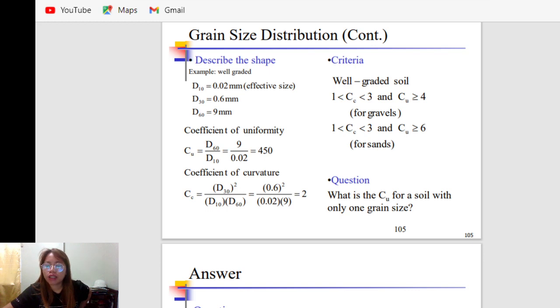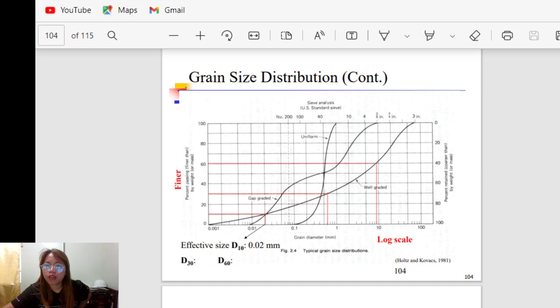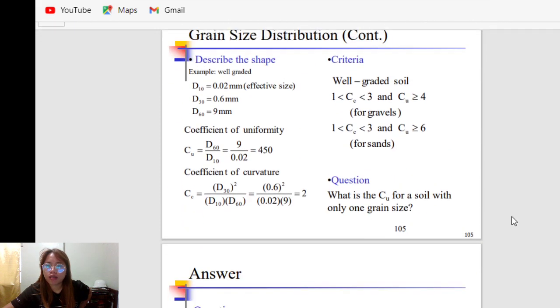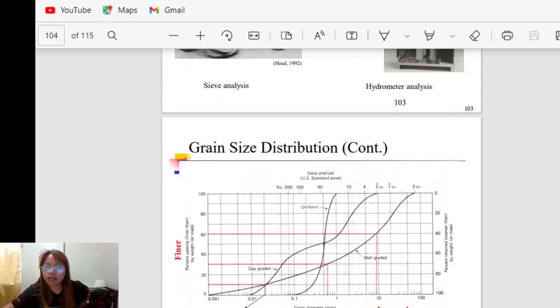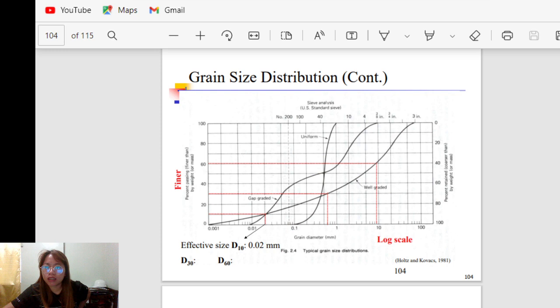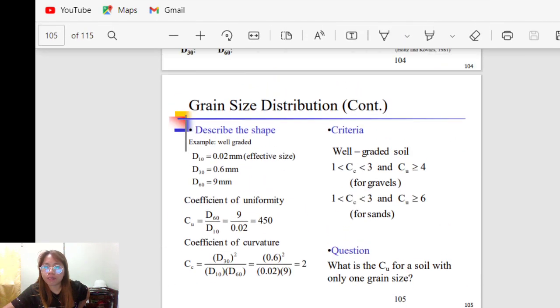We have this D sub 10 or the effective size. For the well-graded example in the previous slide, above, we found that the D sub 10, or the 10% passing, when you project it, the effective size is 0.02 millimeter. And for the D30, 30% passing, if you look at where 30 is, this one is 30. You project it, and for the well-graded, the size is 0.6 millimeter.